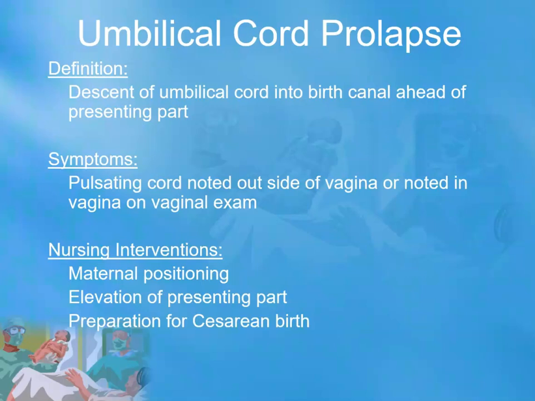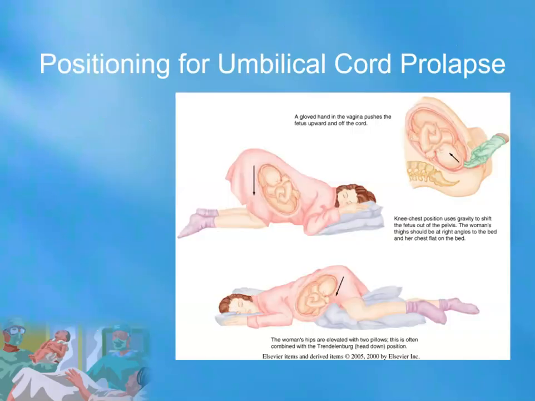If mom is able to get into a knee chest position, which I'm going to show you in a second, that's also an option, and that kind of gets pressure off the cord too. It's almost like mom's on all fours. So as you can see, she puts her butt up in the air, and she's on all fours, and that's relieving the pressure off of the cord.